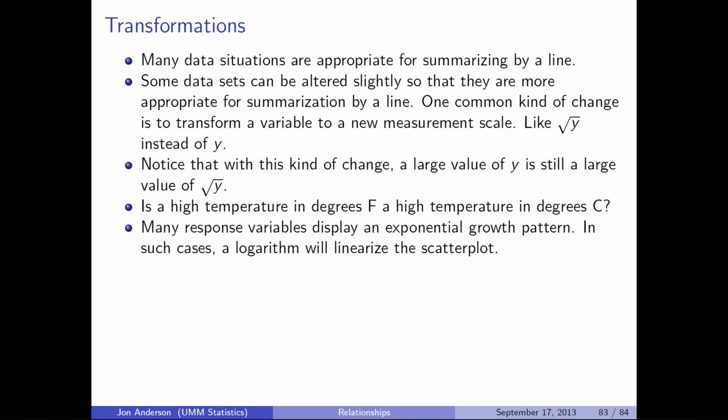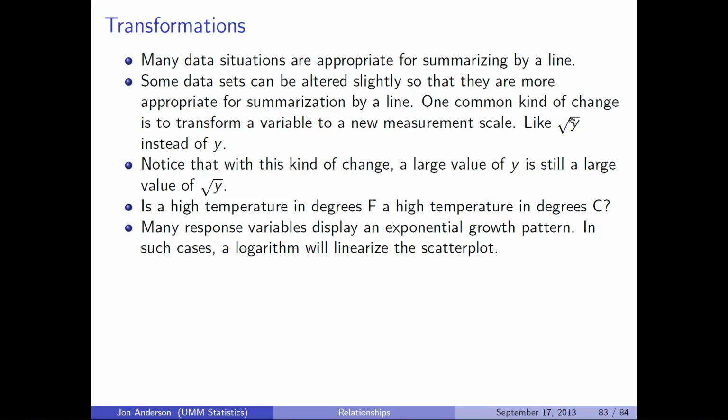Sometimes summarizing data doesn't work so good in a scatter plot because of curved patterns or other kinds of problems with the measurement scale. And so sometimes we can summarize with straight lines anyway by just changing the scale of measurement. And this sometimes bothers students because it seems like we're cheating or just fudging and improperly changing the data.